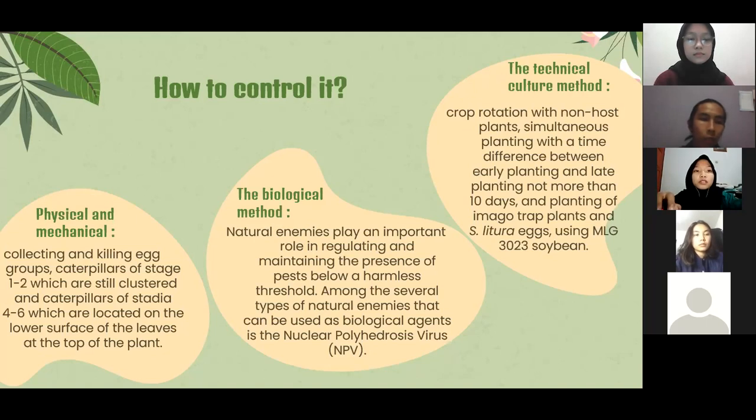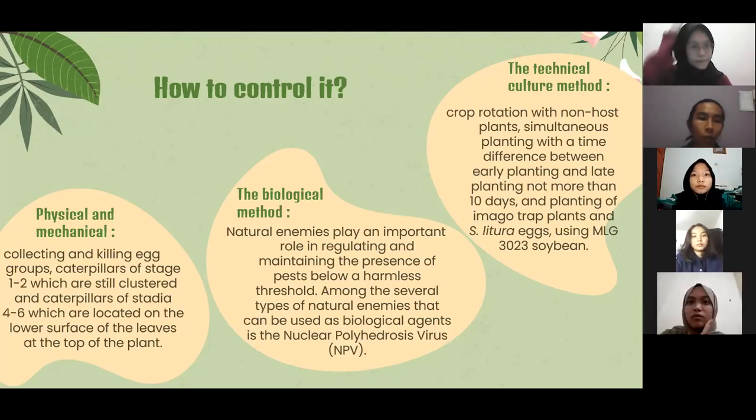Physical and mechanical control is collecting and killing egg groups, caterpillars of stage 1 to 2 which are still clustered, and caterpillars of stadia 4 until 6 which are located on the lower surface of the leaves at the top of the plant.